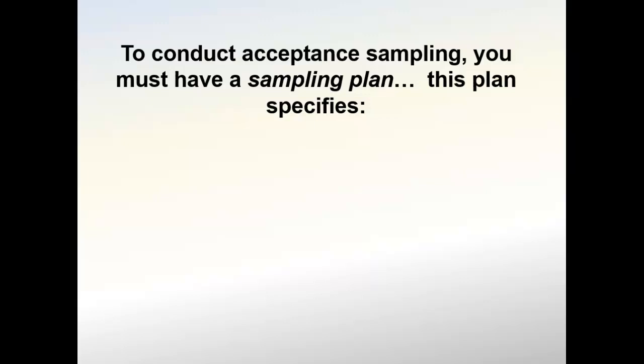For example, a large batch might be judged on one sample, but should a sample fail to pass some test, a second sample is taken. And the rule for acceptance versus the rule for rejection. For example, if no more than a certain number of defects are found in the sample, the batch is still accepted.